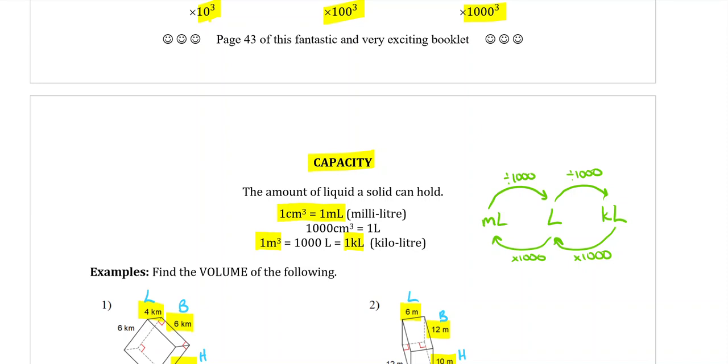So do you guys want to quickly add that to your study sheet on the back? So next to that box on the bottom where you've got the centimetre cubed equals a milliliter, draw that little diagram, please. Is it on yours? No, this one's not on there. You've got the centimetres cubed equal a milliliter, and the metre cubed equals a kiloliter, but you don't have that in the conversion chart.